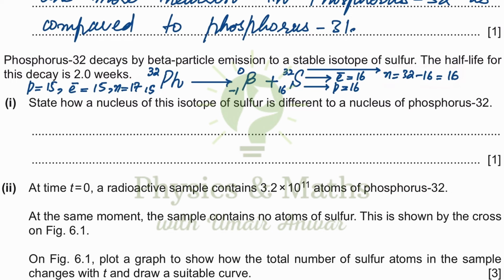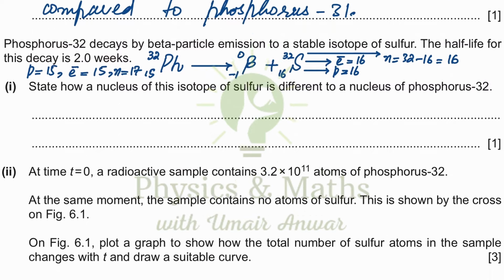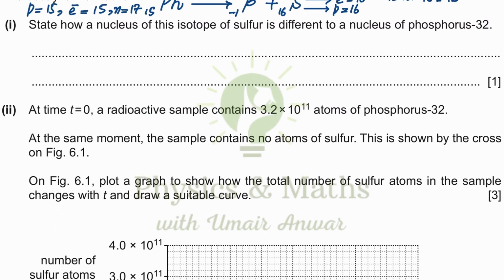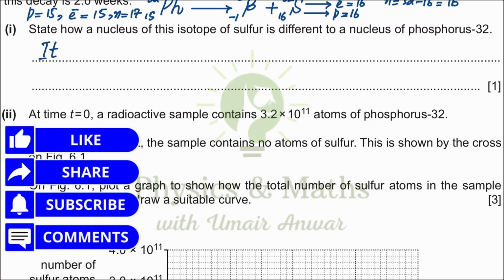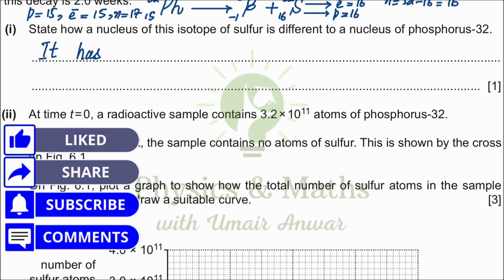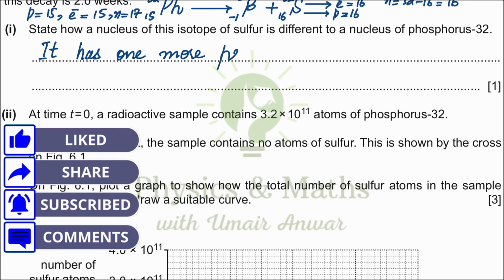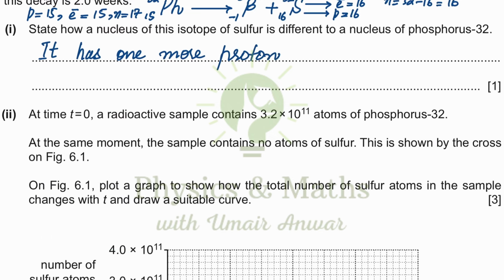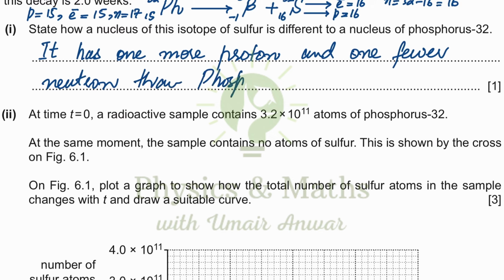State how a nucleus of this isotope of sulfur is different to a nucleus of phosphorus 32. It has one more proton and one fewer neutron than phosphorus 32.